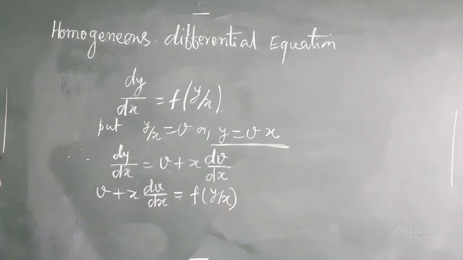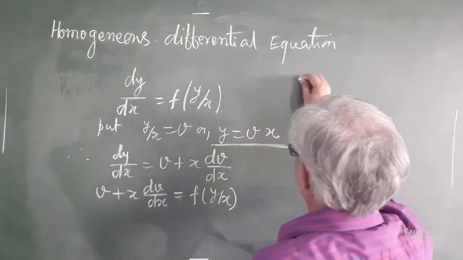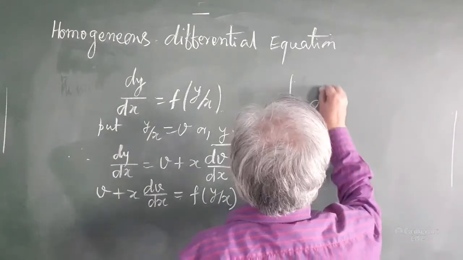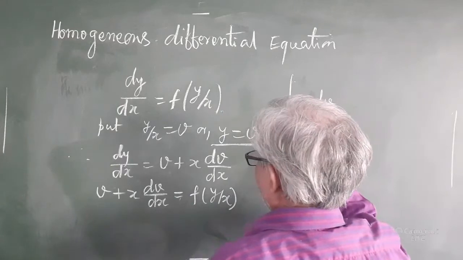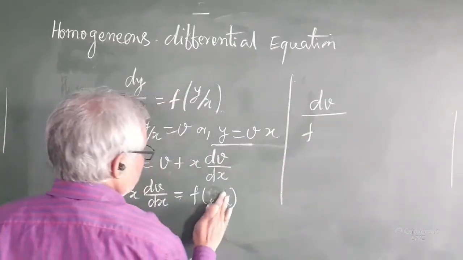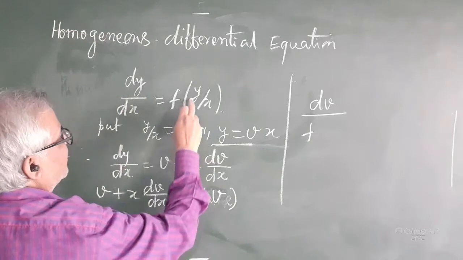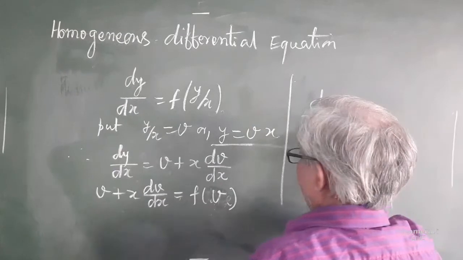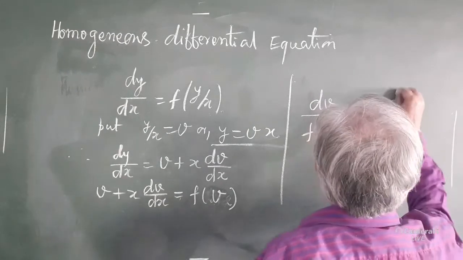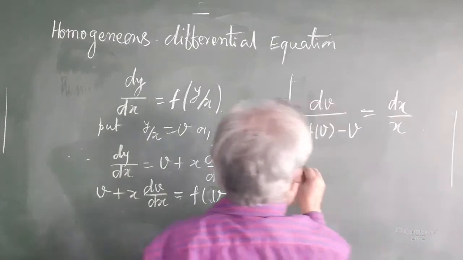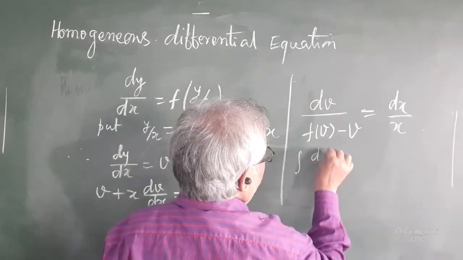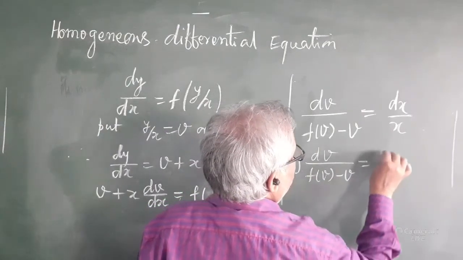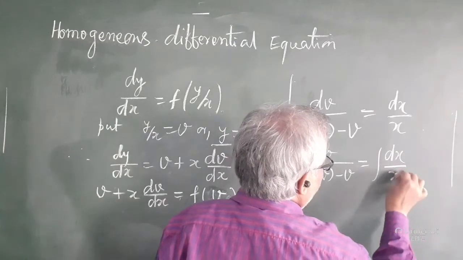We see this equation can be reduced to the form dv divided by f of v minus v is equal to dx divided by x, where y by x is equal to v, and thereafter we integrate it to get the solution. dv divided by f(v) minus v is equal to the integral of dx divided by x.